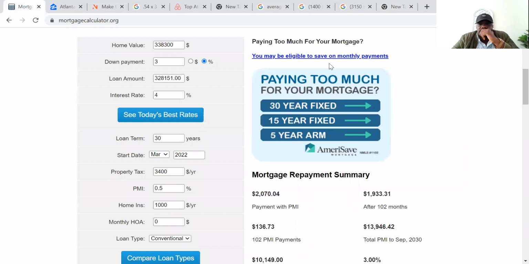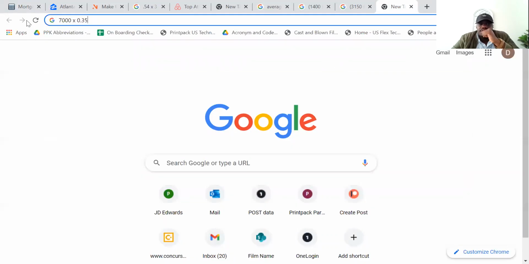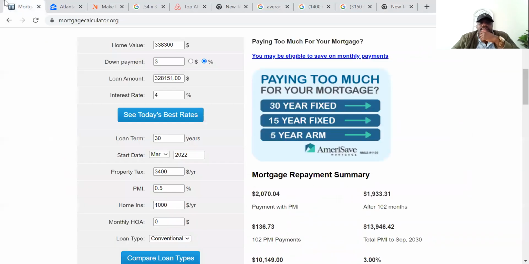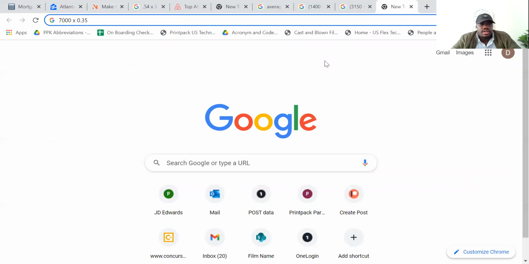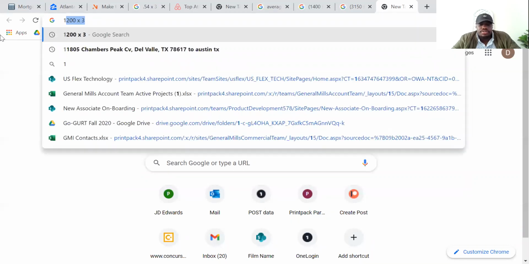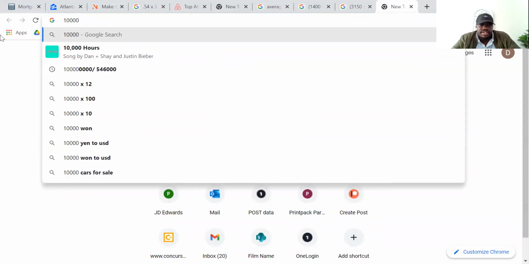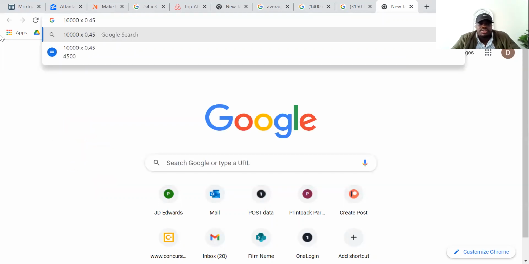So if your mortgage payment is less than 35% of your net monthly payments, you tend to fall within the DTI limits for most conventional banks for conventional loans. So for instance, when you're looking at banks, they'll take your gross monthly income. In the case of Devin, that'll be 120,000 a year, which is 10,000 a month. And what they want to see is that when they take 45% of your gross monthly income, your mortgage payment is less than that.